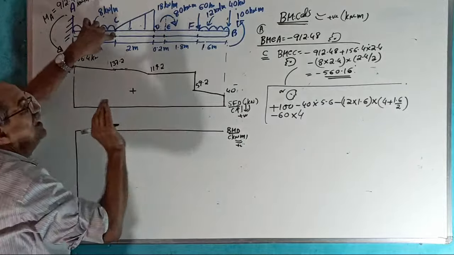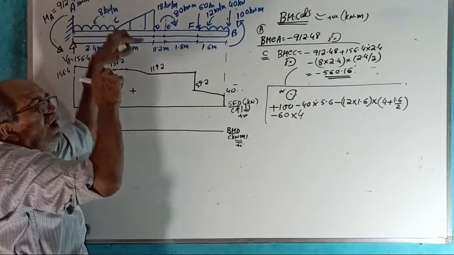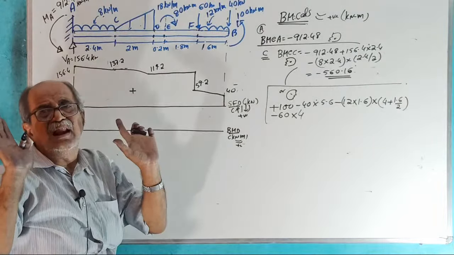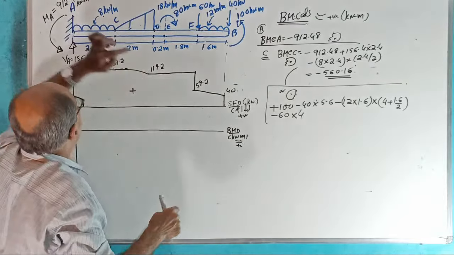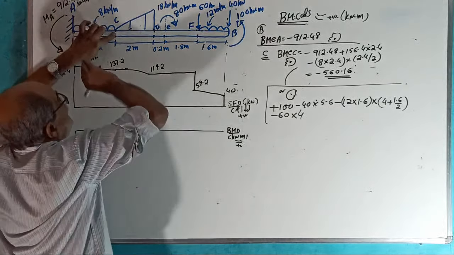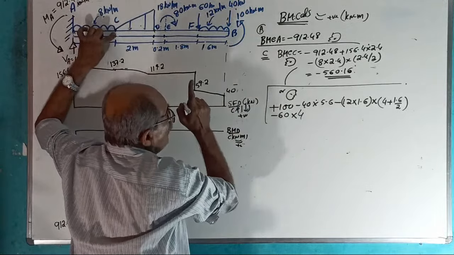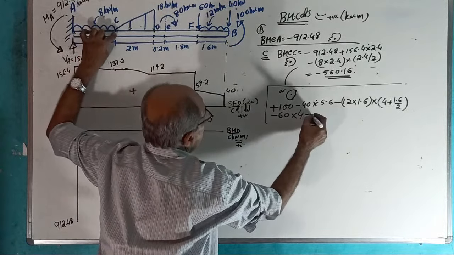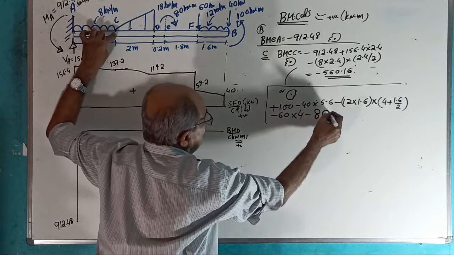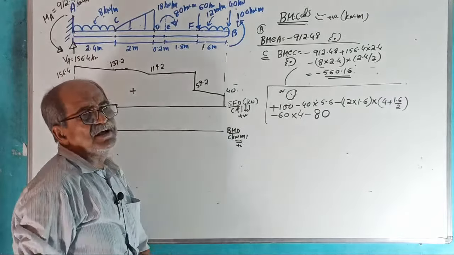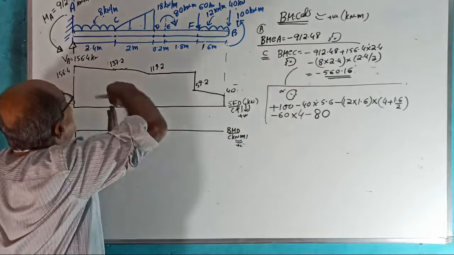Then, see here, going this way, I explained so much earlier, today I will not tell. Looking from this side, that couple, it is hogging. Don't tell clockwise, anti-clockwise. If any difficulty is there, refer my old class. I made it crystal clear earlier. Minus 80.